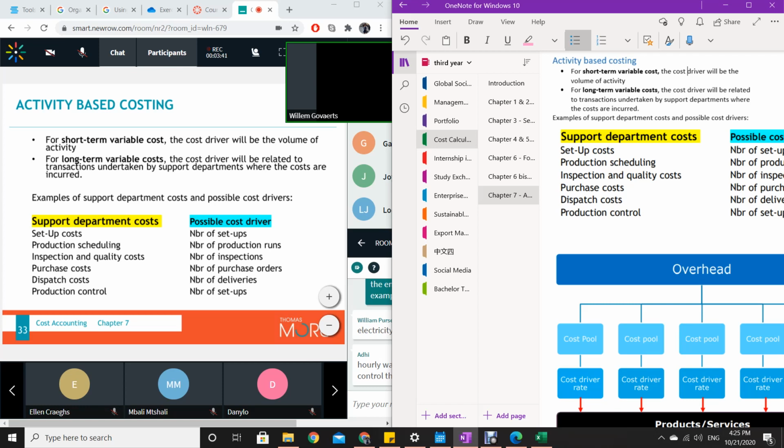Dispatch cost, so it's most of the time a cost driver, the key to make the product has a link with the actual costs. When you do a quality cost or inspection, we're going to use the number of inspections. When it's a purchase cost, we're going to use the number of purchase orders. So this is most of the time in a close relation with the department costs, which are all together in the activity pool.